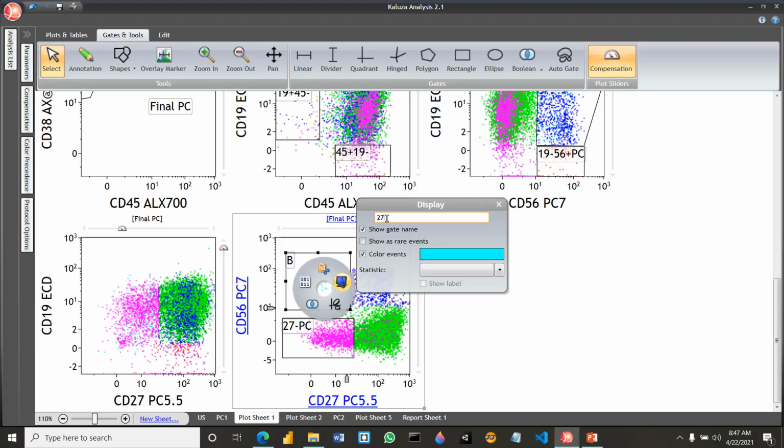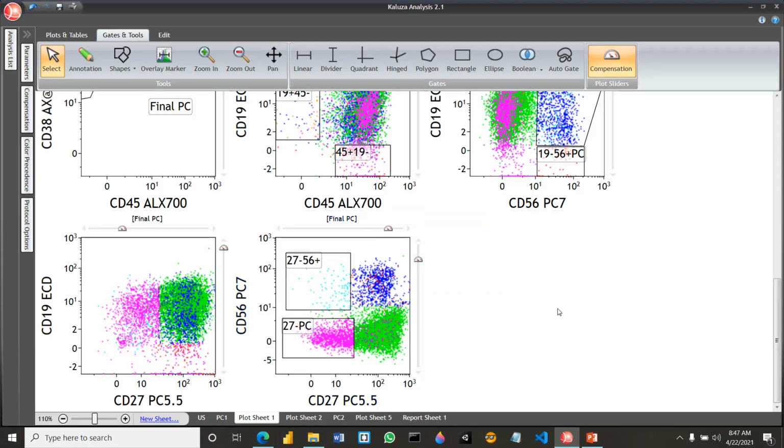So these are the different types of cells which can have abnormal expression, because CD27 loss is abnormal, CD19 negative CD56 positive is abnormal, and CD27 can be lost in abnormal. So these are the populations.